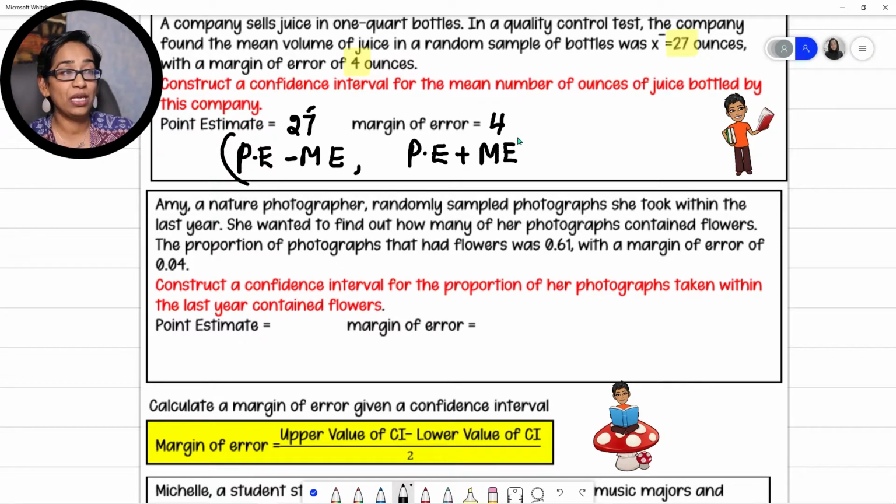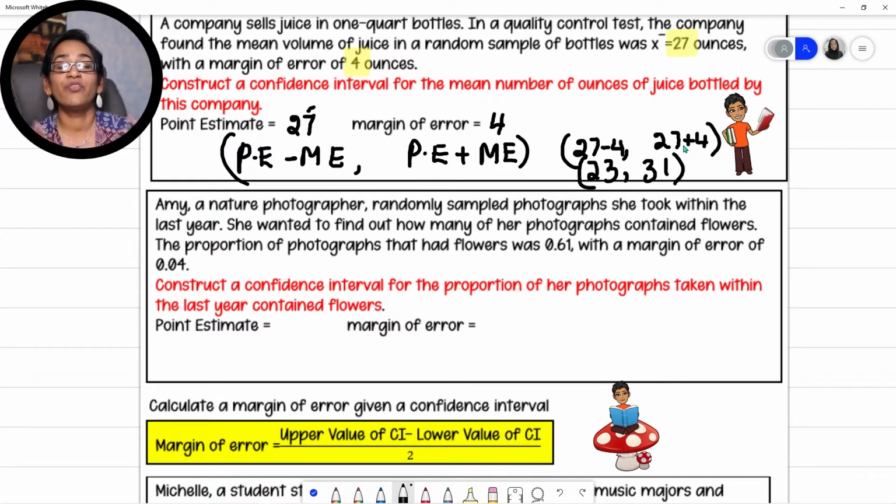I'm going to put ME for margin of error. So it is 27 minus 4, comma 27 plus 4. 27 minus 4 is 23, and 27 plus 4 is 31. So your confidence interval is 23 and 31.